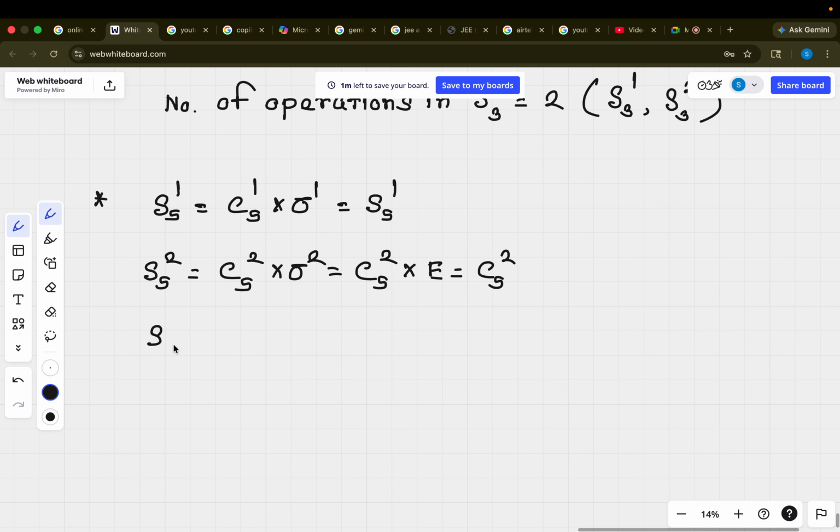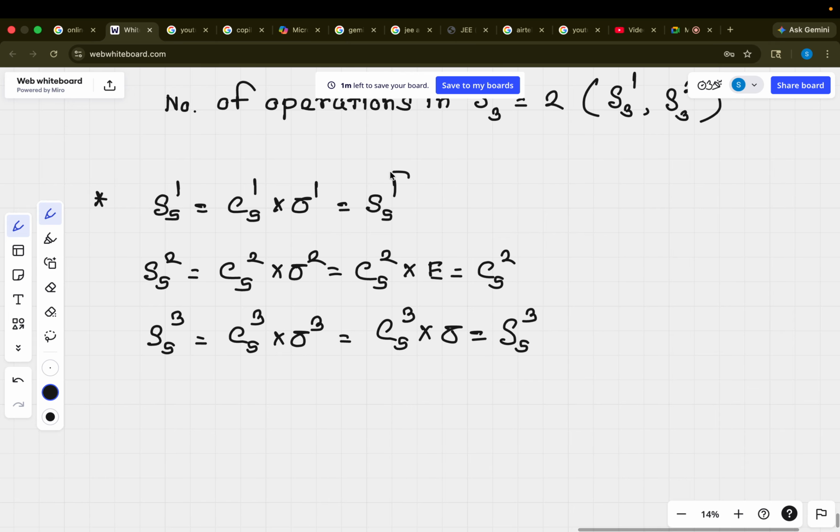Next you have S5 3. That will be C5 3 into sigma cube. So you can keep it C5 3, and sigma cube, sigma odd, means you can write down sigma. So C5 3 into sigma will be equal to S5 3.